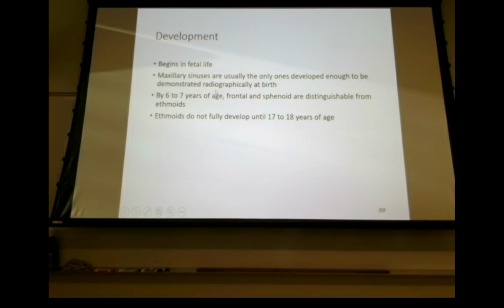All right, so development starts in fetal life, but the ethmoids don't fully develop until the patient's 17 to 18 years old. So at 6 to 7, you'll have frontal, sphenoid, and some ethmoids, but all of the ethmoids don't show up until 17 or 18, as well as maxillary sinuses don't necessarily show up until a little bit later in life.